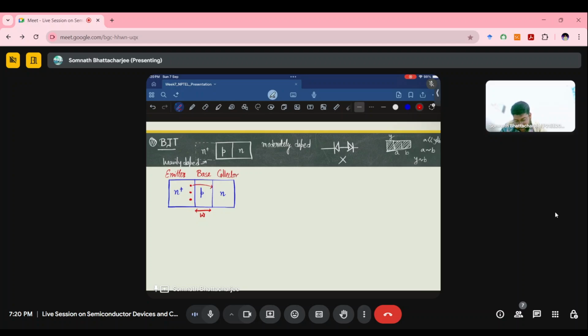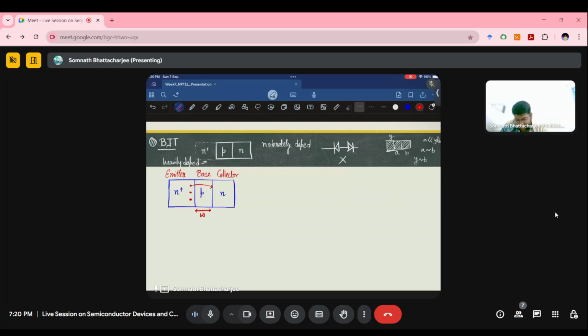Because these electrons are traveling from the N plus side, through the P side, and going towards the N side, so we are collecting them on the collector side. Electrons are emitted from the emitter, go through the base, and get collected at the collector side. That's where the basic nomenclature comes from.